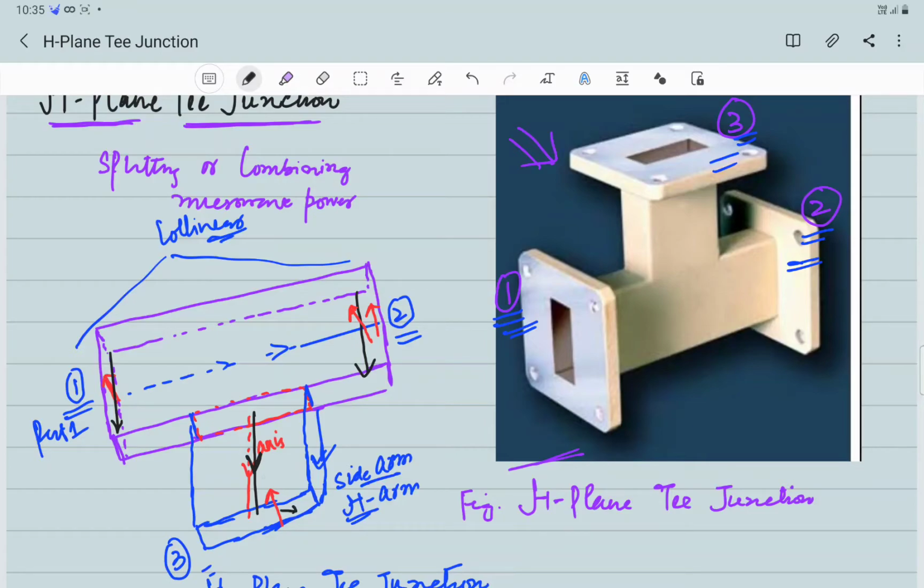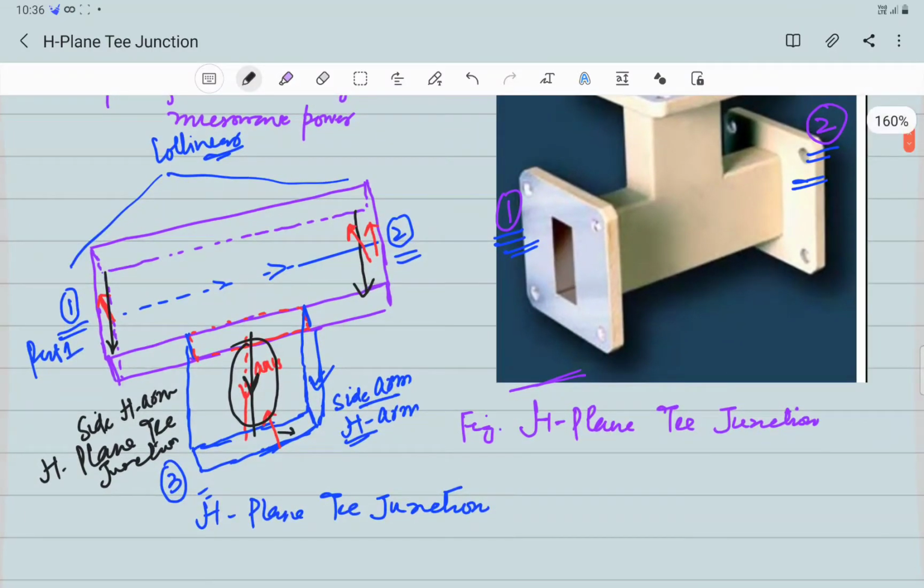Now if we can see, the direction of magnetic field is along the axis of the side arm or the H arm. That is why it is called as H plane T junction. I repeat, the direction of H field is the same as that of the axis of the side arm.